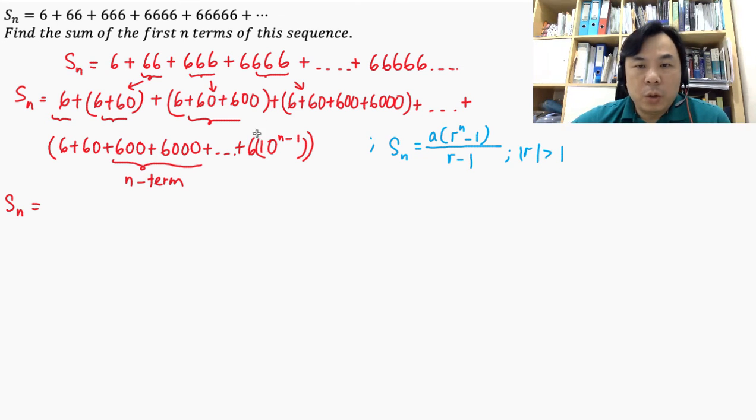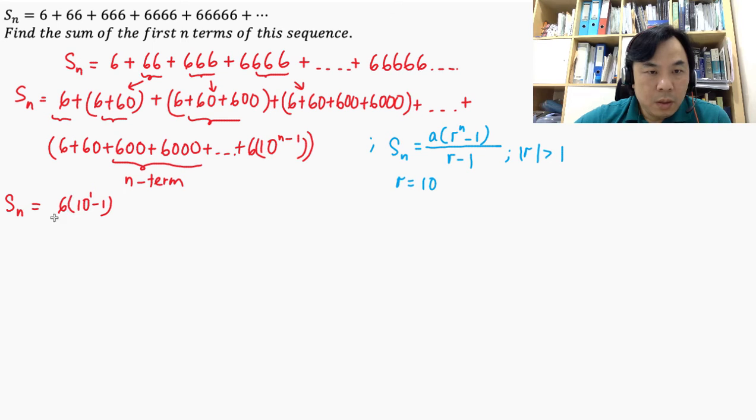My common ratio is 10, so it is indeed greater than 1. So I'm going to apply this formula so that it can represent all the sums in the brackets. For the first one, because it's the first term, that is typically 6. The common ratio is still the same, 10. So 10 to the power of 1 minus 1, divided by 10 minus 1.